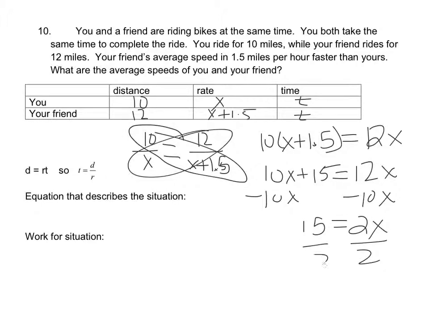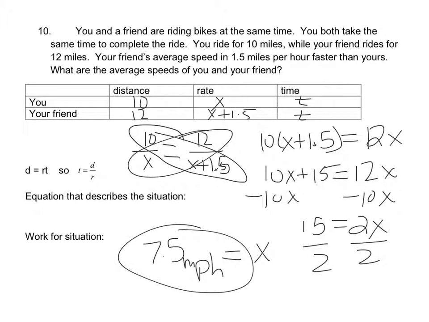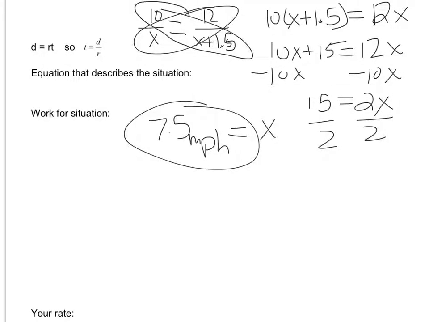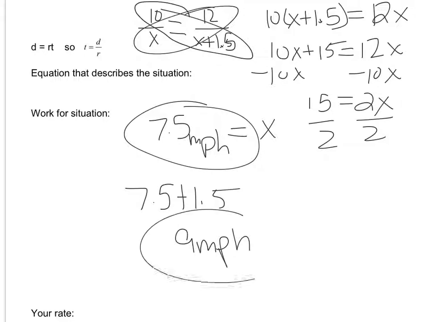Divide by 2. You get X equals 7.5 miles per hour. So there's yours, and your friend's is 7.5 plus 1.5, so that would be 9 miles per hour.